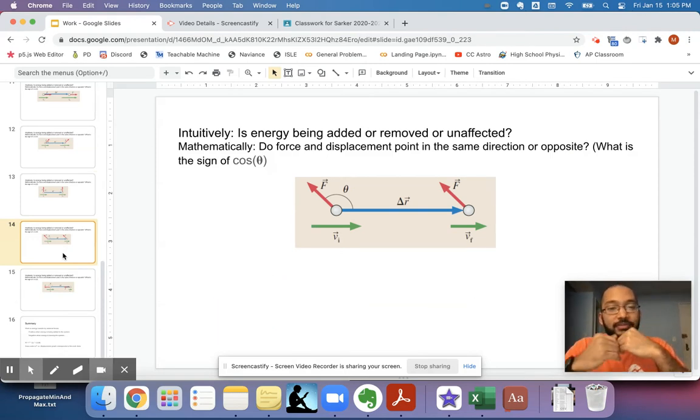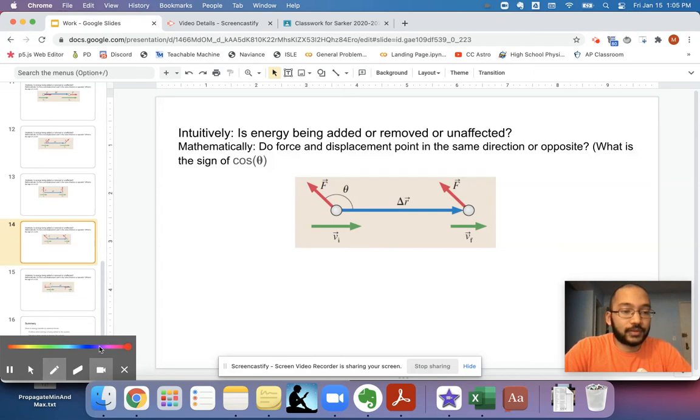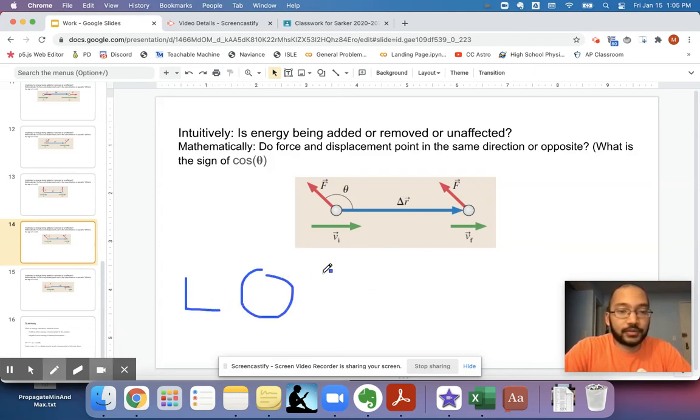All right, what about this one? You see the force, the angle, displacement. Intuitively, mathematically, think about it. Pause the video, try it. Okay, hopefully you tried it. So here, I'm really just zooming in on the velocity vectors. It starts off at a certain speed and it starts to slow down. So I have a certain amount of kinetic, and by the end of it, I have less kinetic.